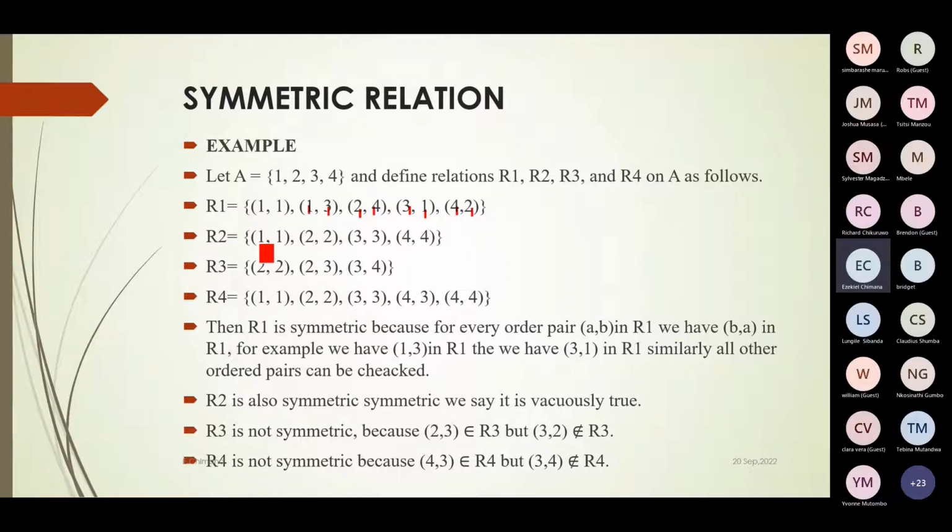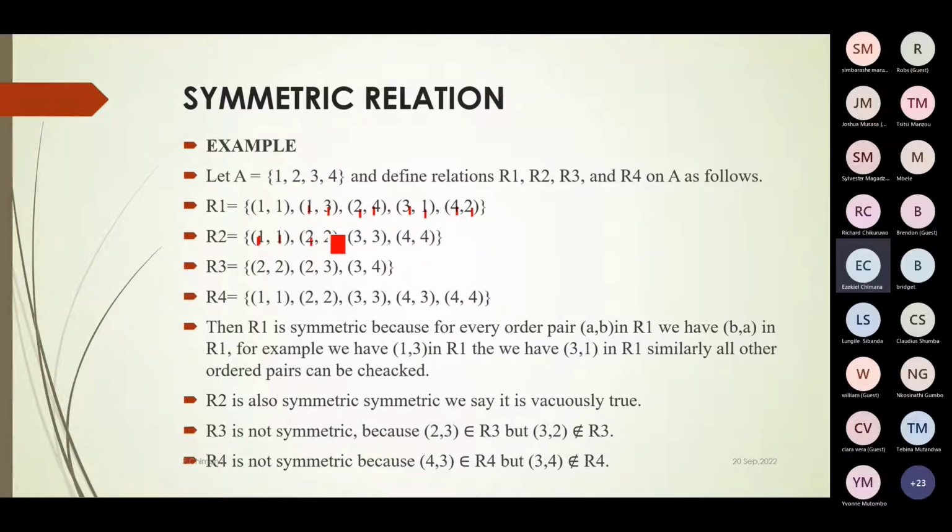For R2, we've got (1, 1) here, which means whenever we have an element mapped to itself, that is, a loop, that loop is enough to assert that the relation qualifies as symmetric.